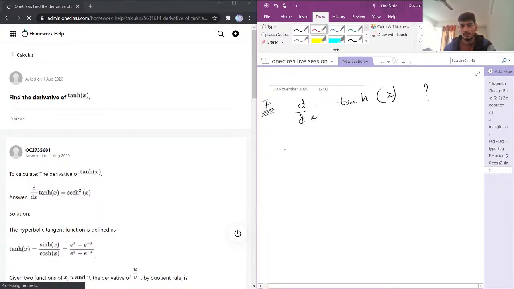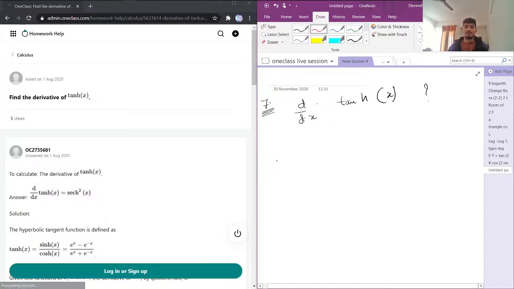Basically, when we differentiate hyperbolic trigonometric ratios, there is no special condition, because whatever formulas or rules we have for differentiating a trigonometric ratio, the same formulas will be applied in the case of the hyperbolic trigonometric ratios.